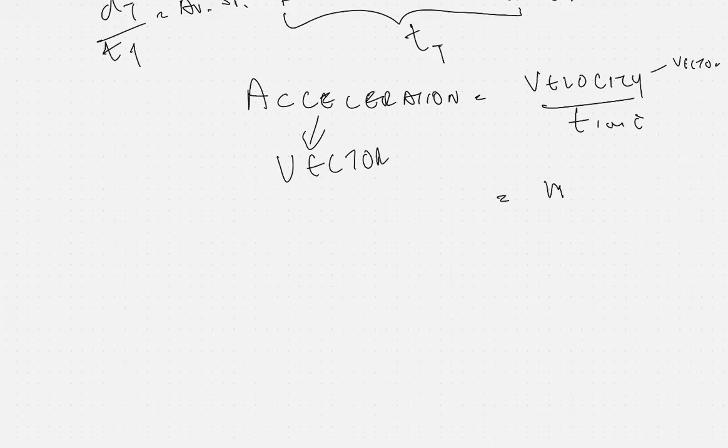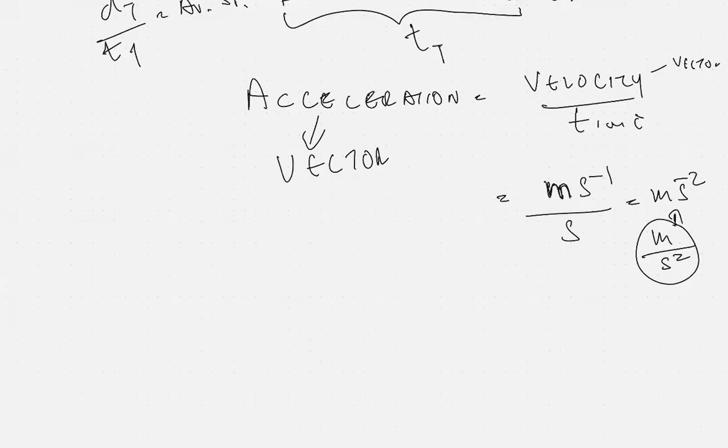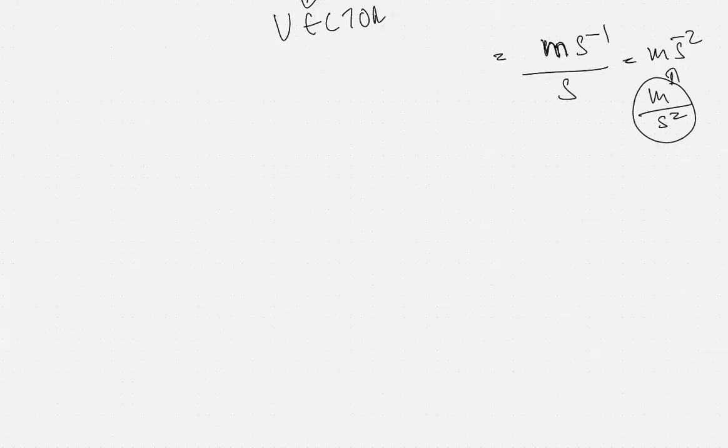So you get meters per second squared, or per second twice. Sometimes they might put it like that. Same thing. So that is the acceleration. Acceleration actually means the rate at which the velocity changes, right? The rate at which the displacement changes was the velocity. The rate at which the velocity changes is the acceleration.